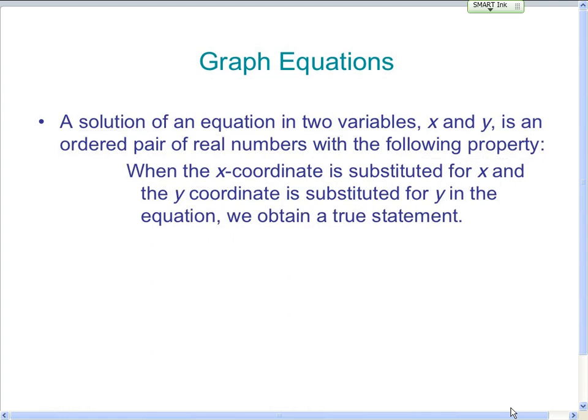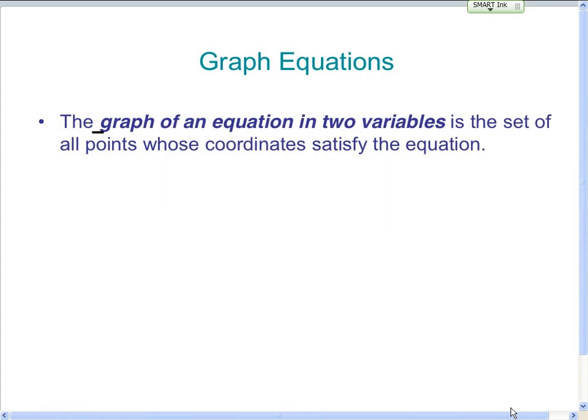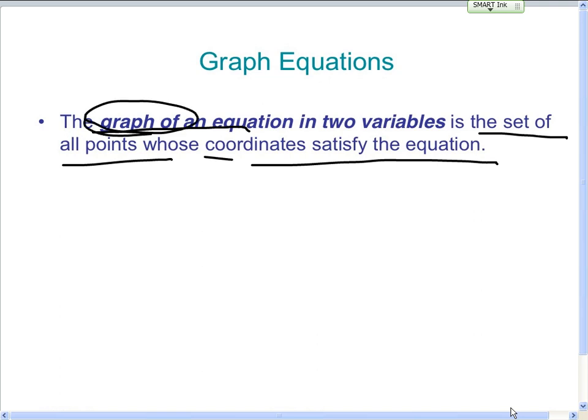In other words, if you plug the numbers in, both sides are equal. The graph of an equation is the set of all points that are solutions to the equation. In other words, the graph is a picture of all the solutions to an equation.